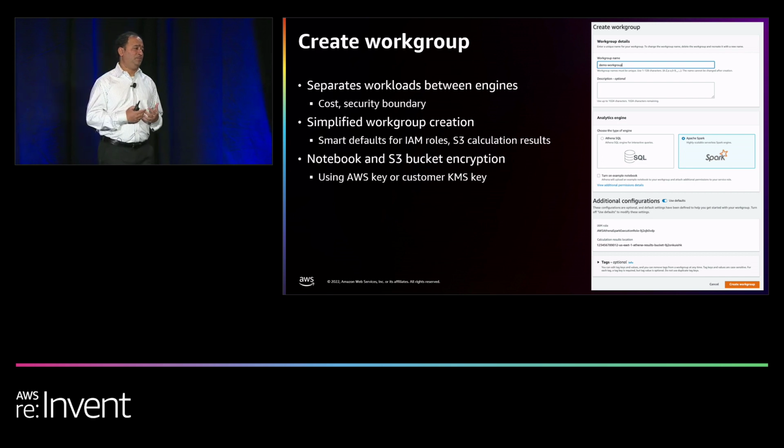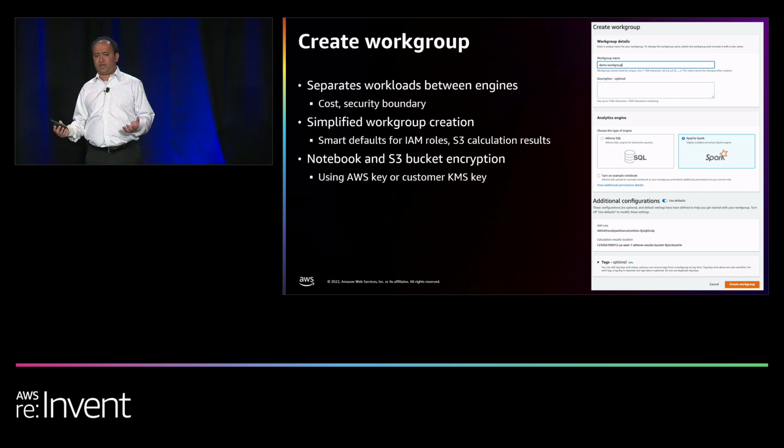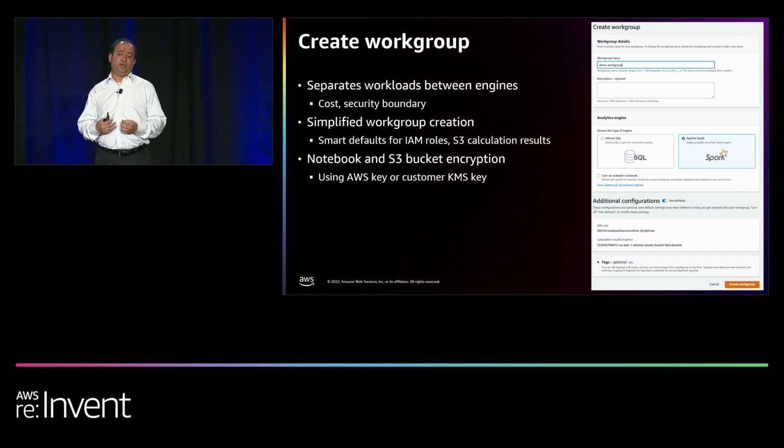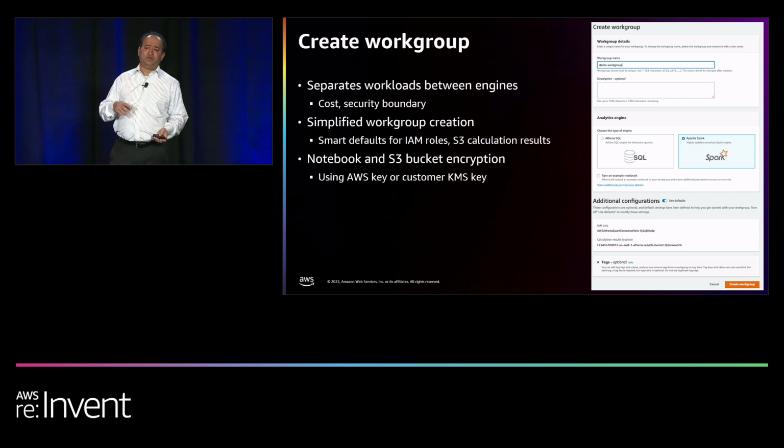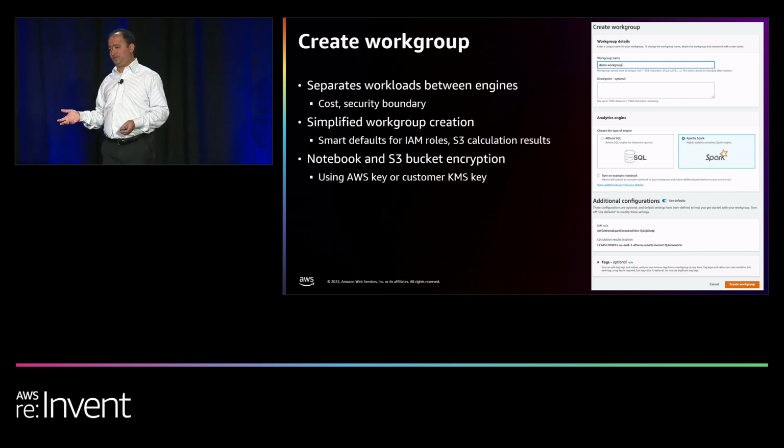You can put them in two different work groups so that they cannot access each other's work. You can also use work groups to limit access to databases, tables, and other resources. And the way you do that is through IAM roles and policies. So, you set up an IAM role as part of your work group creation, which makes sure that users in that work group have access to only specific resources.